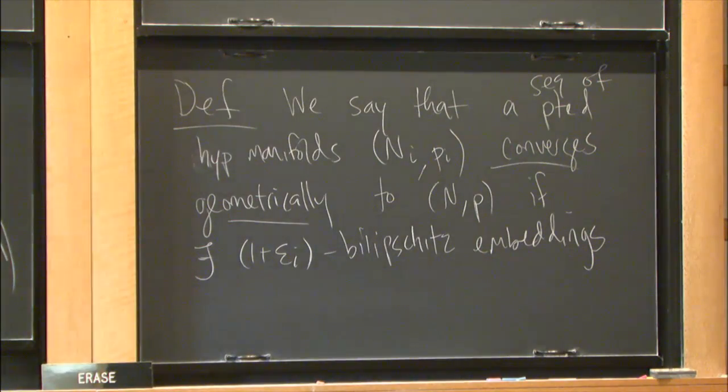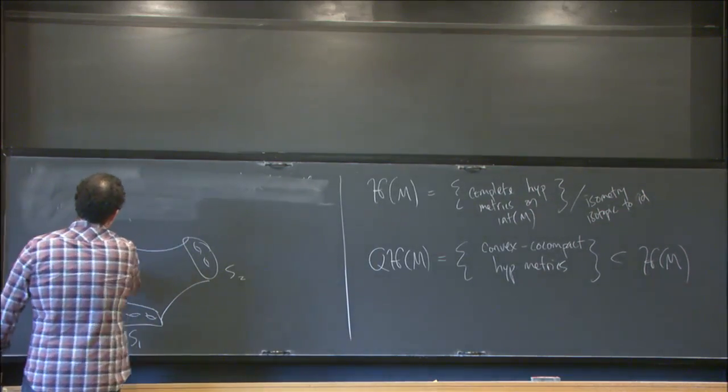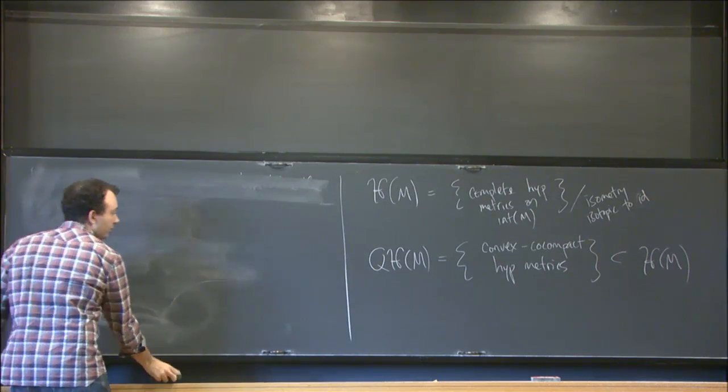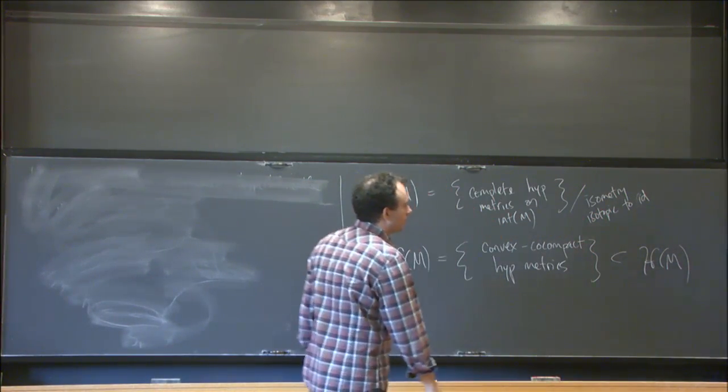Well, so if there exist these almost isometric embeddings from large balls in the limit into the approximates.